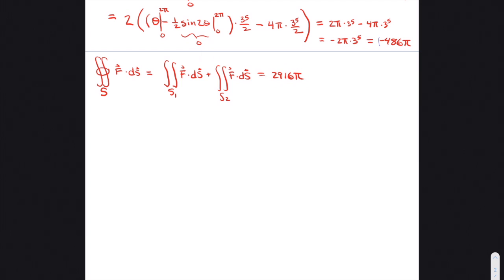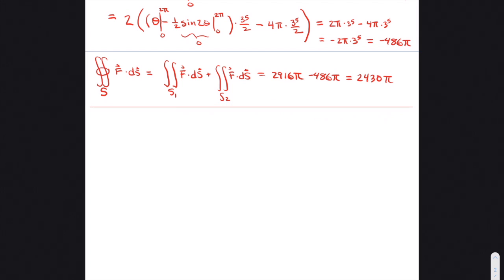And then the second one was minus 486 pi. So it looks like 2,430 pi. Isn't that beautiful? Okay, so that's done.